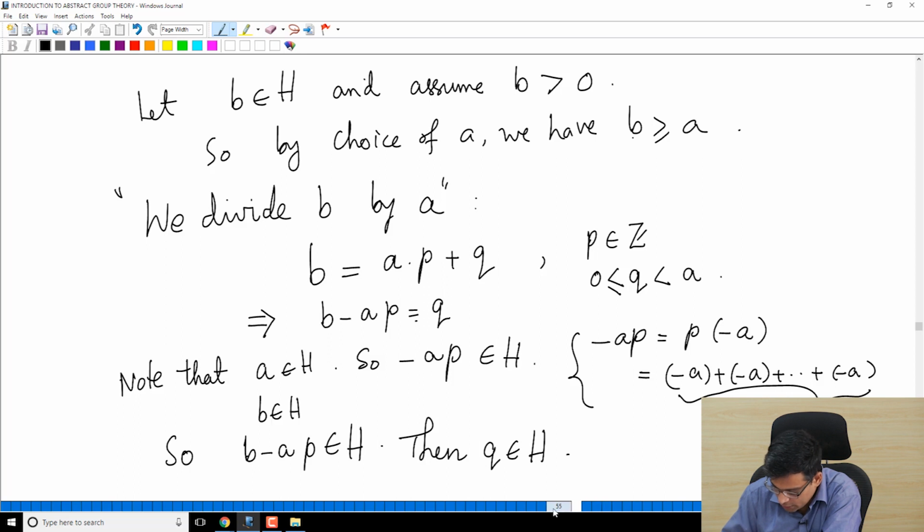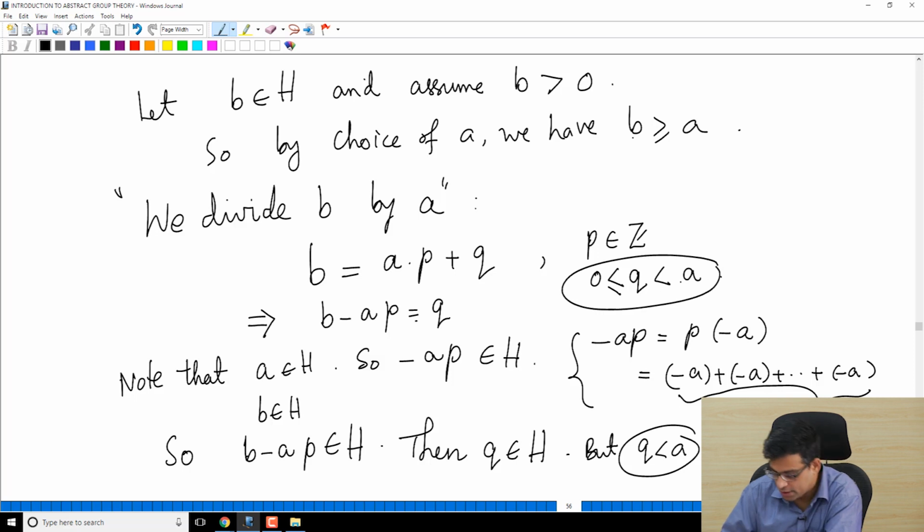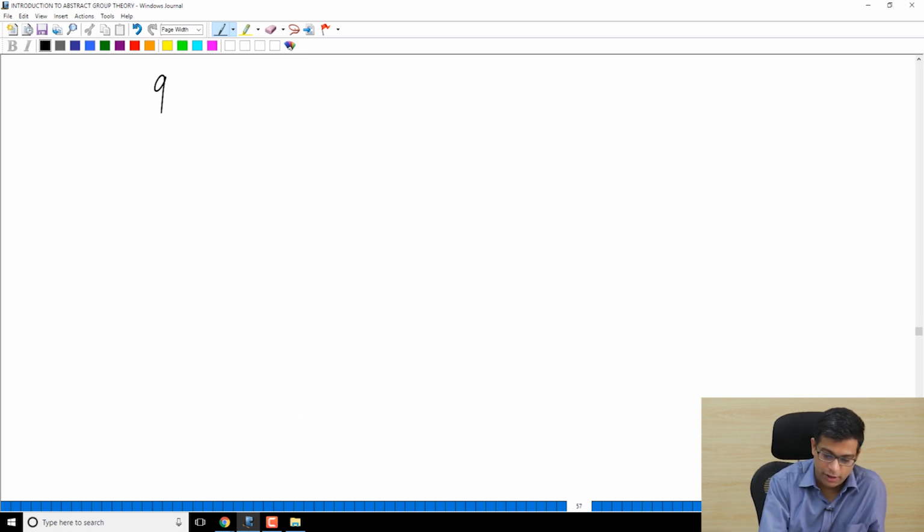But now, let us see something interesting happens. Q is in H, but Q is strictly less than A. Q is strictly less than A. Can Q be positive now? It cannot be.